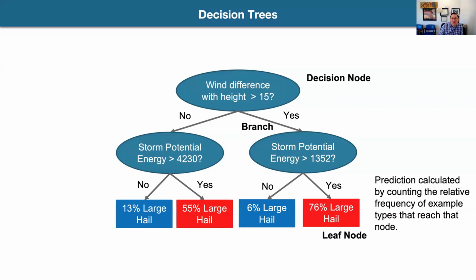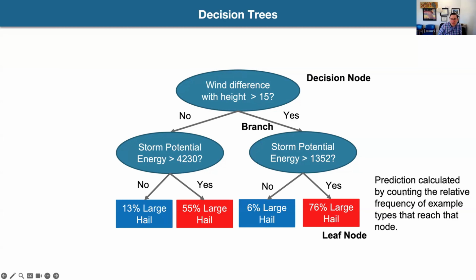You start with a series of decision nodes, which is a question: if you have some kind of variable and some kind of numerical threshold associated with that variable, you can say yes or no to a question. Depending on the answer, you go down a branch to the next decision node, and then you continue to follow that until you reach some kind of leaf node.